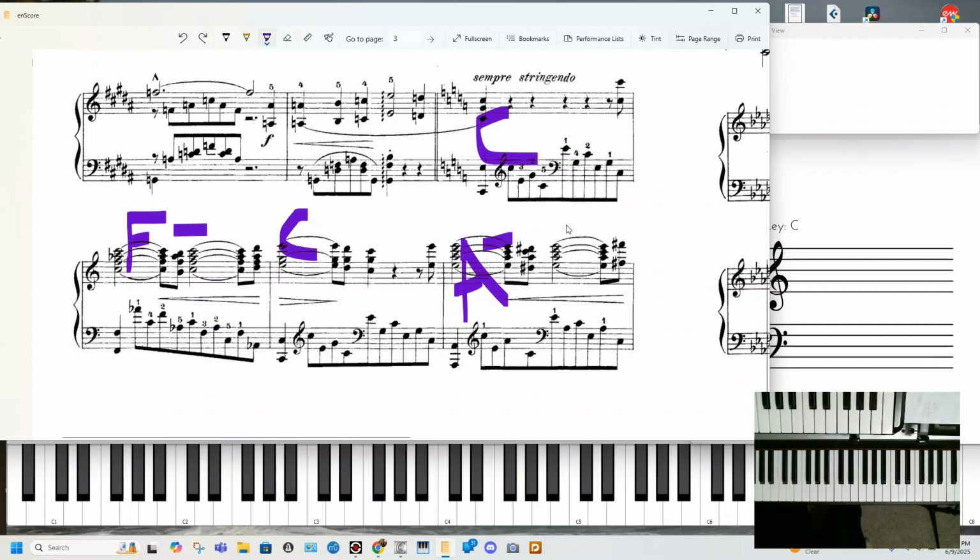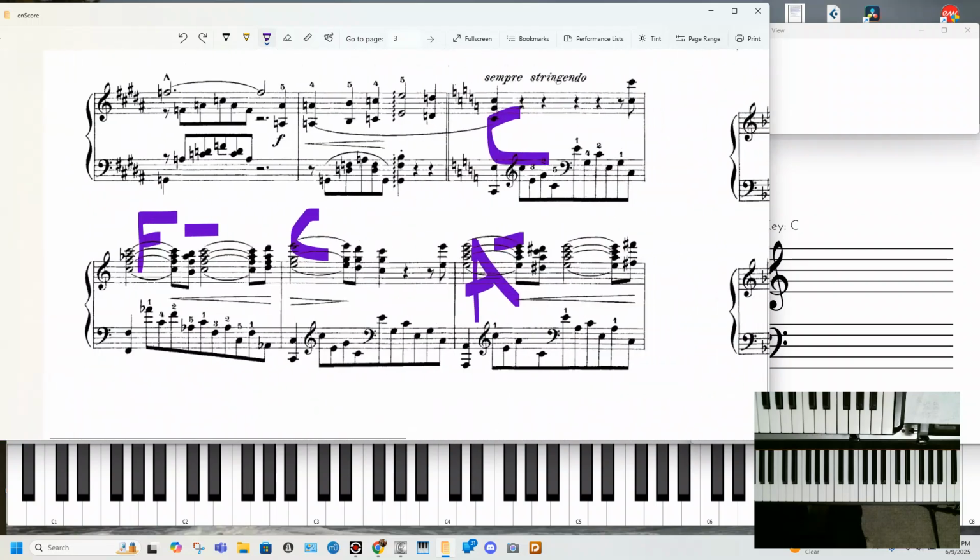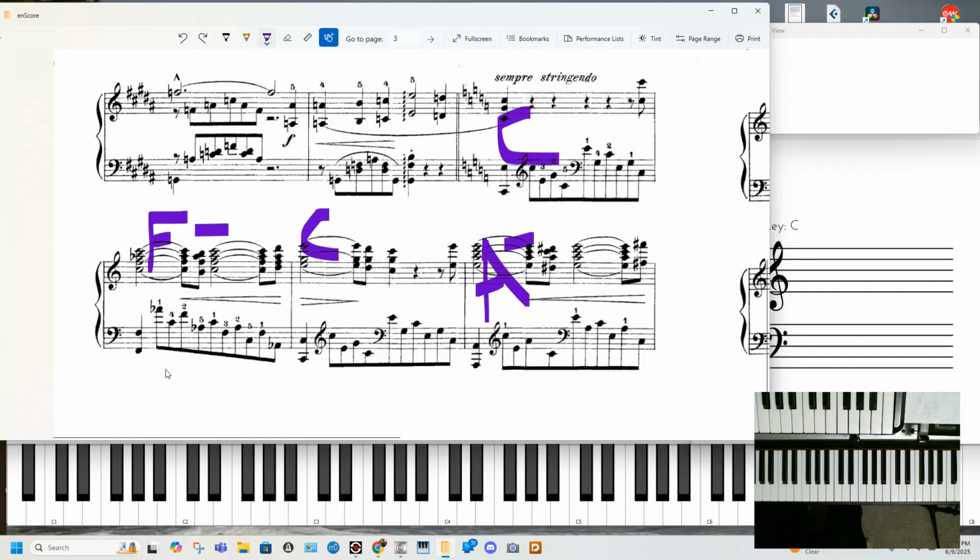So if Liszt were to continue this pattern, this sequence, if you will, I suppose I would really start it with a down 3, down 3, down 4, and just kind of put that on repeat.